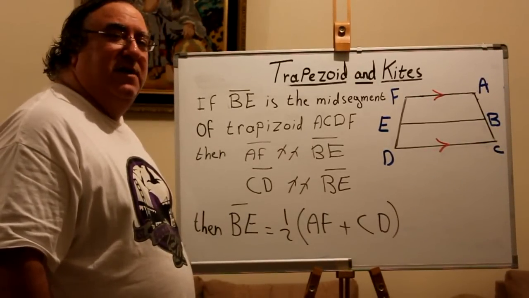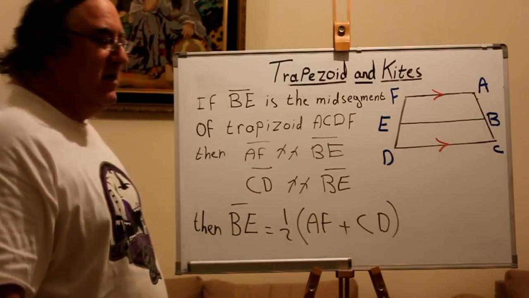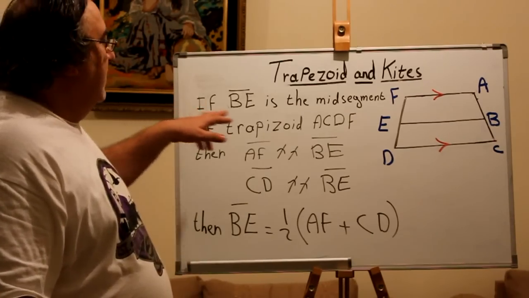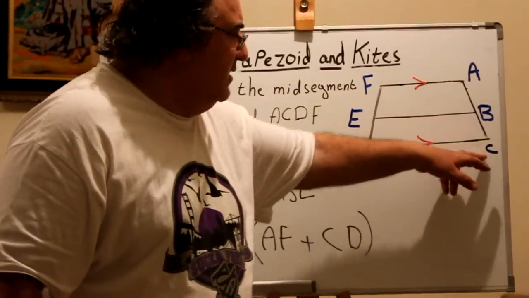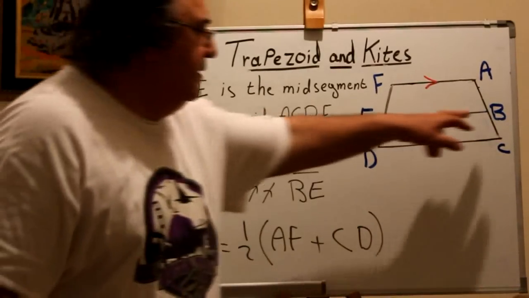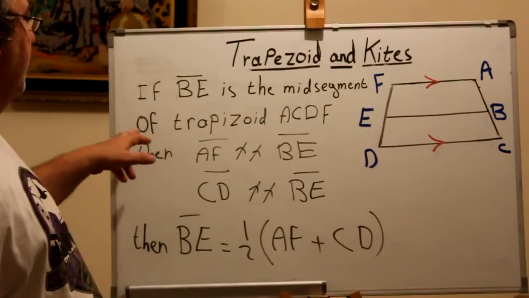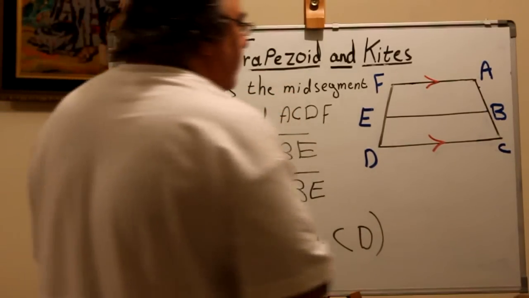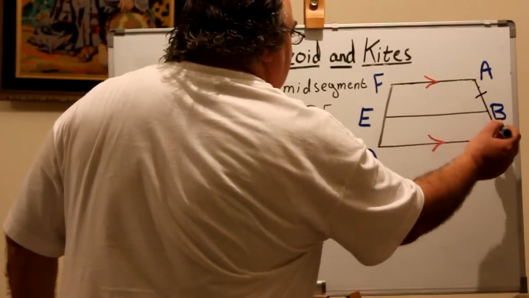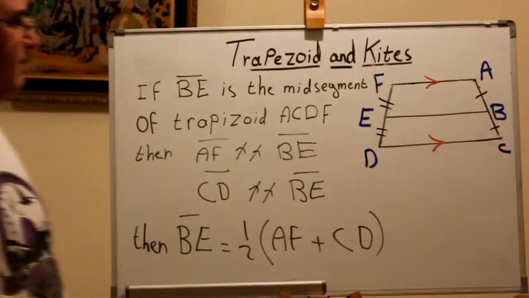Hi again. The last theorem of the trapezoid is a special case. It tells us if you have trapezoid ACDF, and if BE is this line, the mid-segment of the trapezoid ACDF. Mid-segment means this one is equal to this one, and this one is equal to this one.